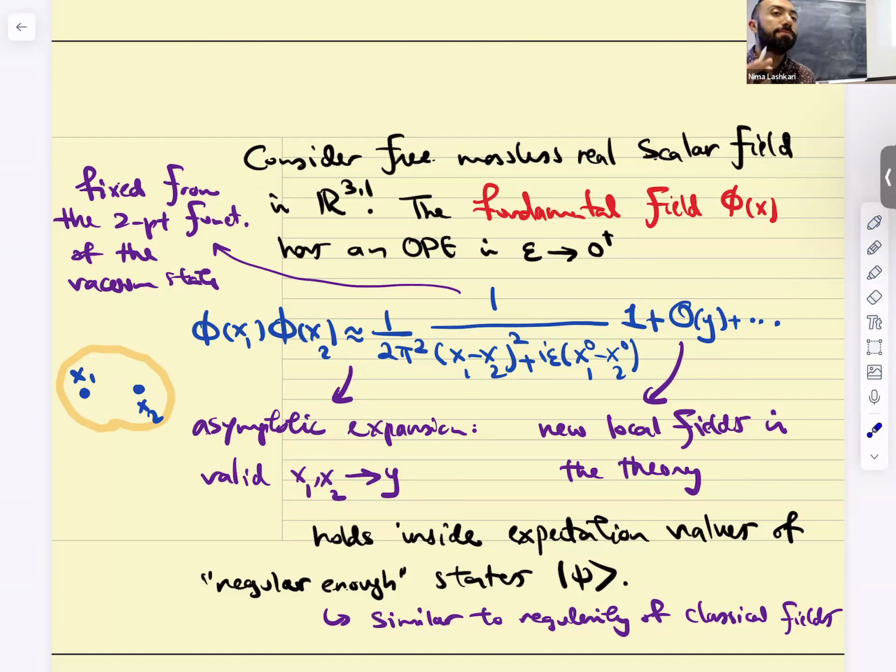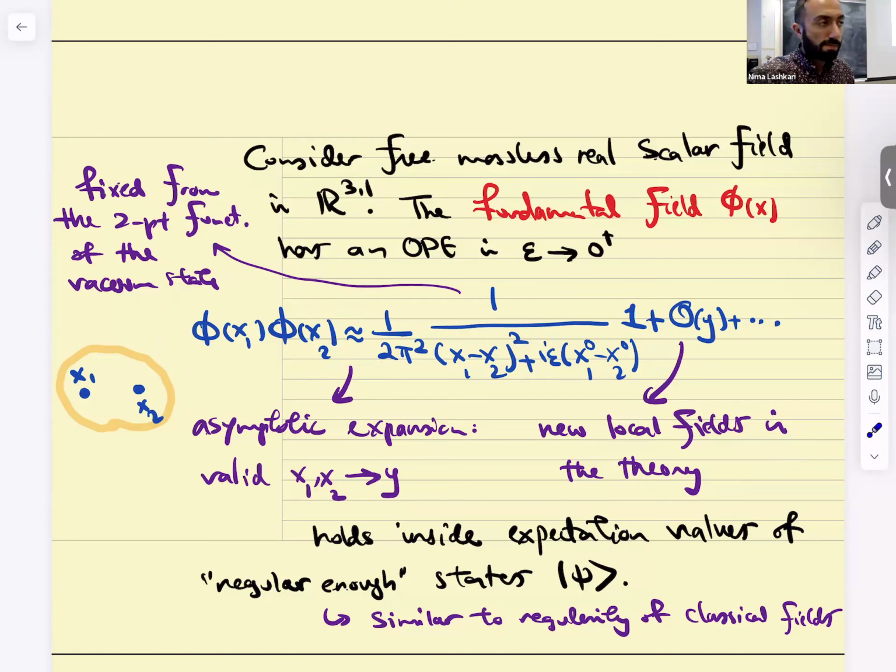So this is the main principle, but I'll go over it more so that it's clear. You basically expand the insertion of two operators near each other in terms of all local fields in the theory. This is an asymptotic statement in the limit of x1 and x2 going to y. Are there any questions?